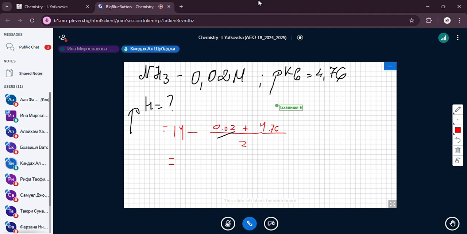Professor, I don't understand what you mean with this point. What do you mean p-value? P-value means that we multiply by the negative decimal logarithm, and we don't work with concentration, we work with whole digits. Oh, okay, thank you.